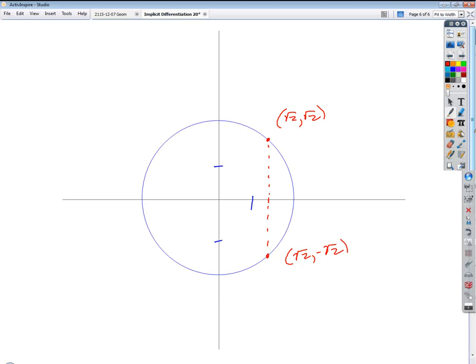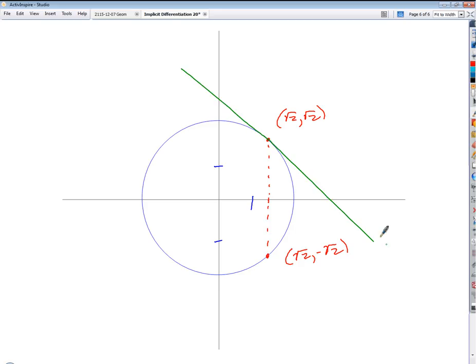When we graph the tangent lines, makes sense, doesn't it? Right? Think about the equations of those. This one up here would have been y equals negative x plus 2 radical 2.